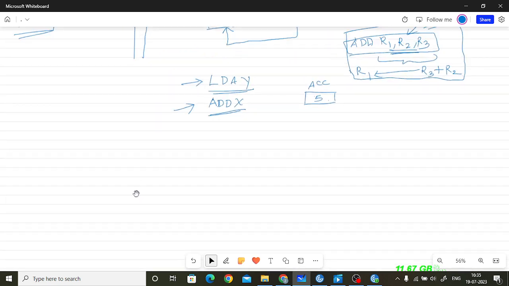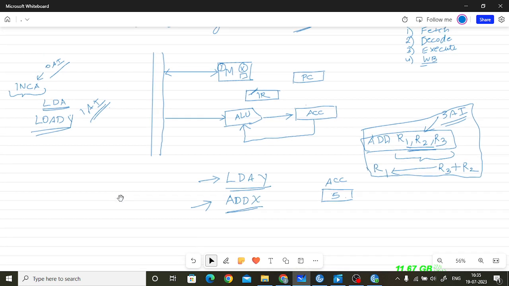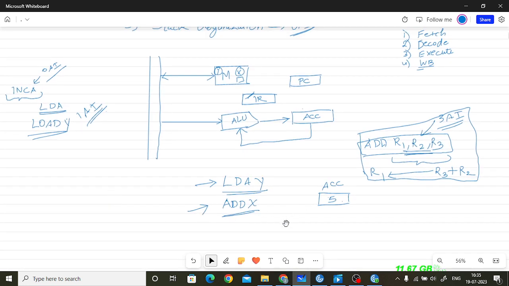Now come on to a general register organization. So in a general register organization, we have these basic registers, and add on to that we have some general purpose registers also.